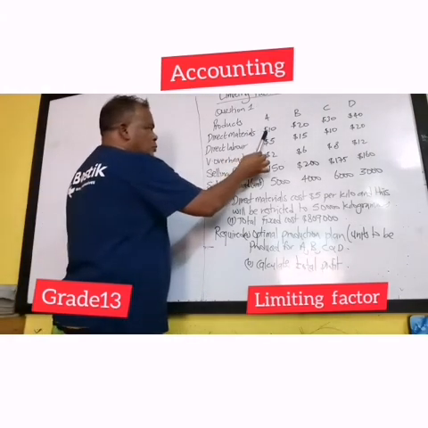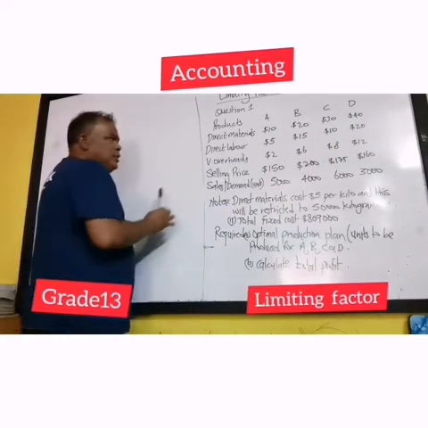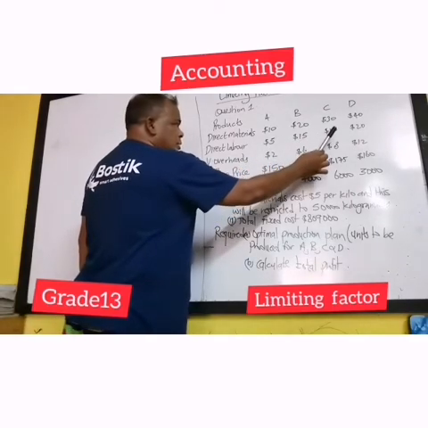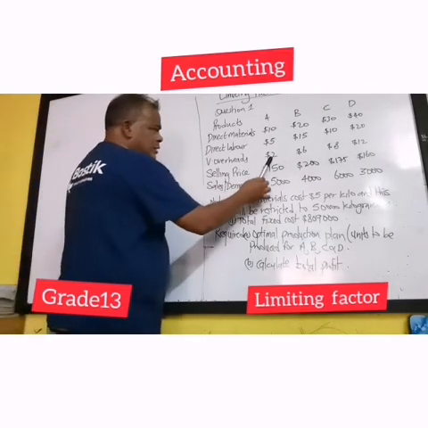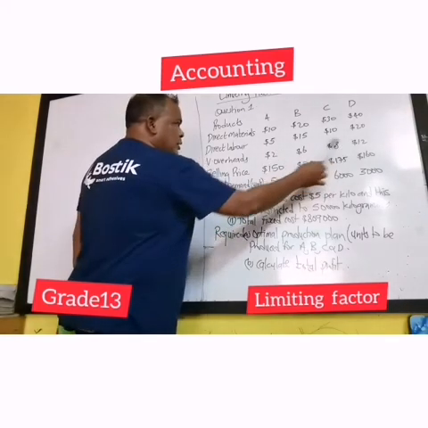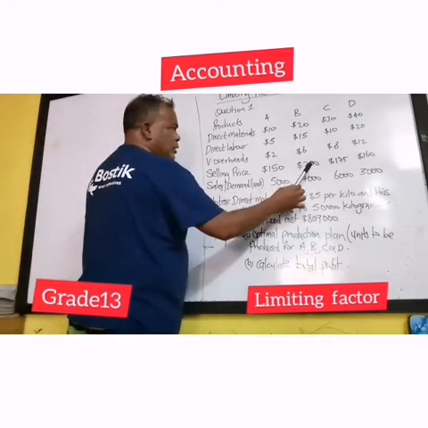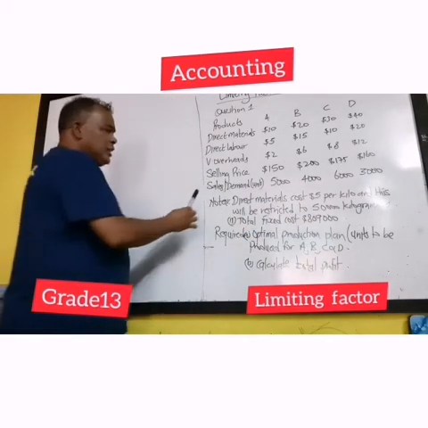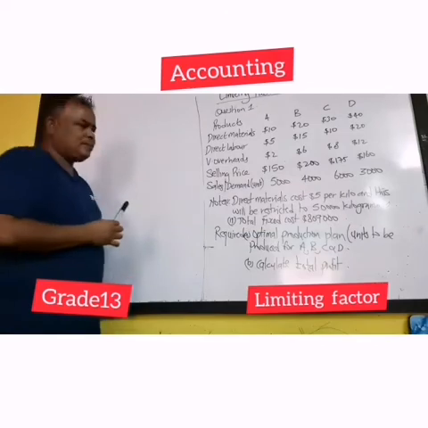Direct material to produce product A, $10, $20 for B, $30 for C, $40 for D. Direct labor, we have to pay $5 for A, $15 for B, $10 for C, and $20 for D. Variable overheads, example electricity, $2 for A, $6 for B, $8 for C, $12 for D. Selling price, $150 for product A, $200 for product B, $175 for product C, $160 for product D. Sales demand in units 5,000 units, 4,000 units, 6,000 units, 3,000 units.